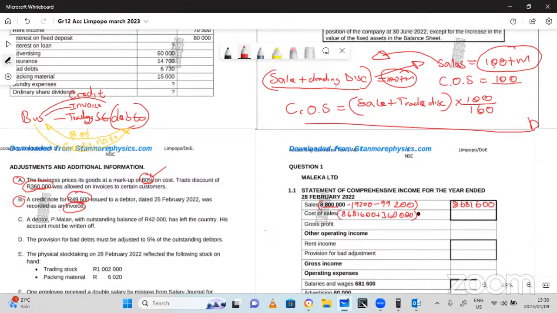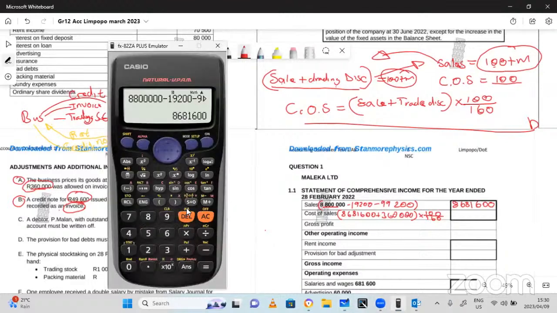Then you multiply with the percentage. We are looking for 100 out of 160, and that will give us our cost of sales.